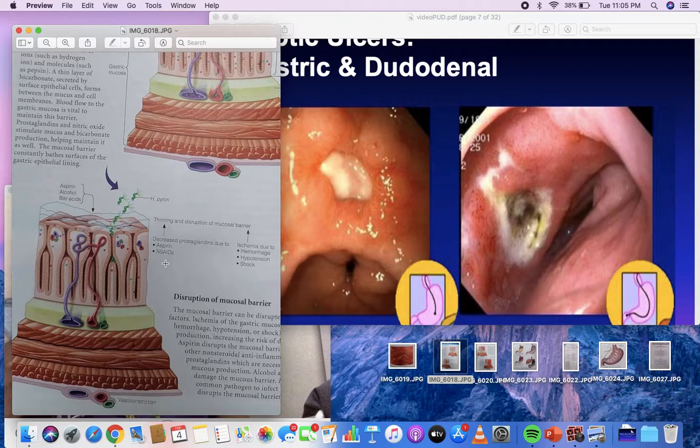Alcohol and bile acids also damage the mucus barrier. Helicobacter pylori, or H. pylori, a common pathogen that infects the gastric mucosa, disrupts the mucosal barrier.